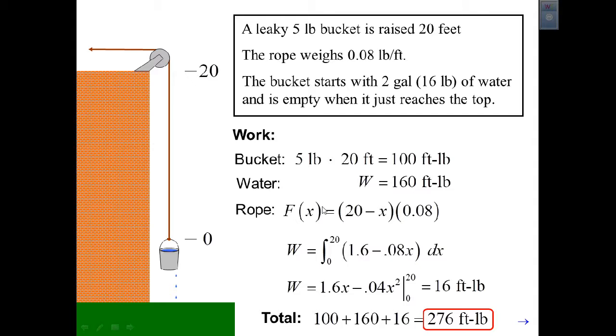The only time you integrate is if it changes. Like with the rope, it's 0.8 pounds per foot. So if there's 5 feet hanging down, the weight is different than if there's 30 feet hanging down. So that's a variable weight. When the force is variable, that's when you have to integrate to find the work.